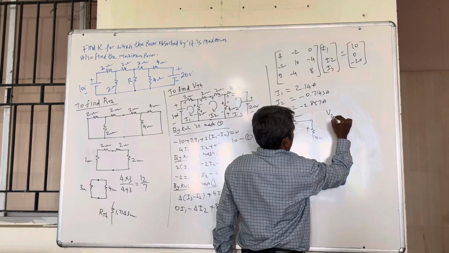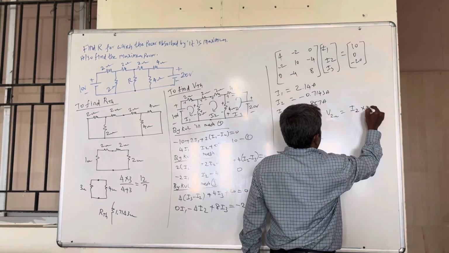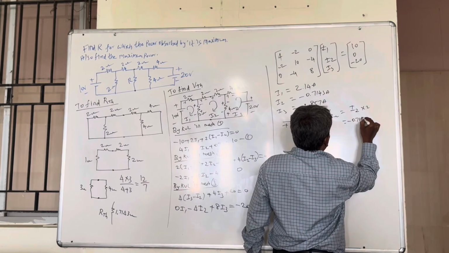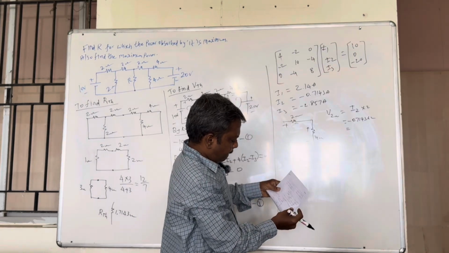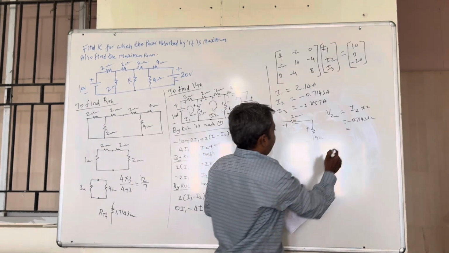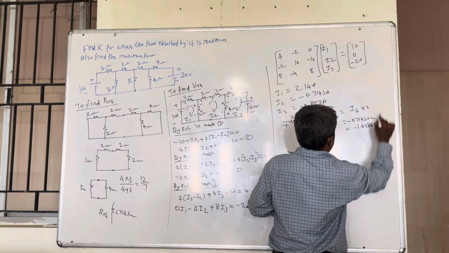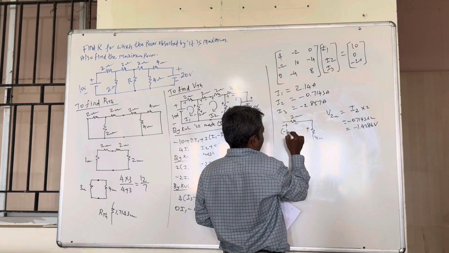What about V2 ohm? V2 ohm equal to I2 into 2, minus 0.7143 into 2 equal to minus 1.4286 volt. This is the voltage across these 2 ohm.